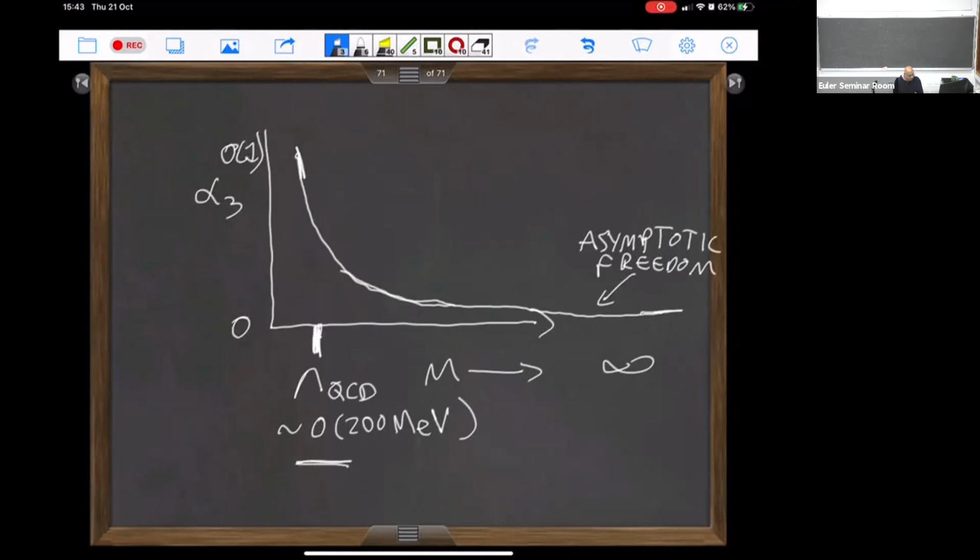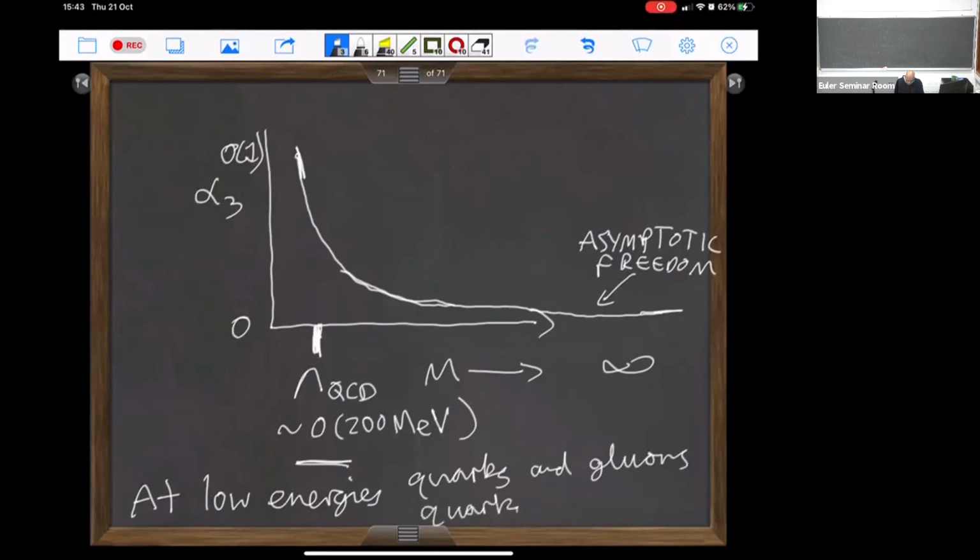They've always been observed in these bound states, which are mesons and baryons. So at low energies, quarks and gluons and antiquarks form bound states.